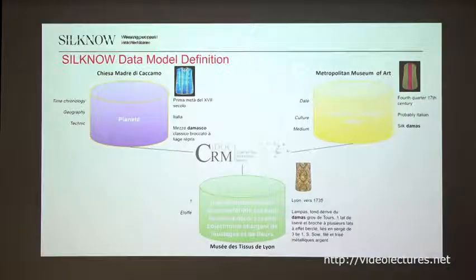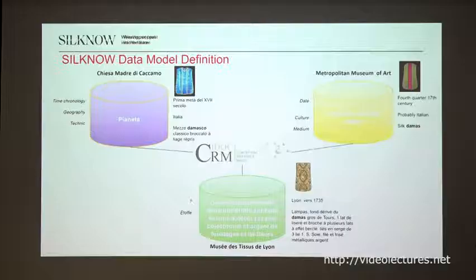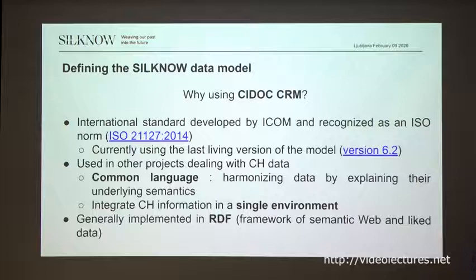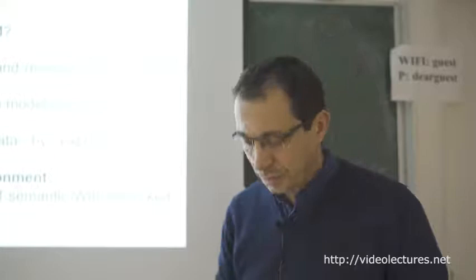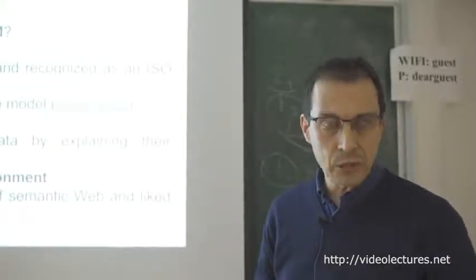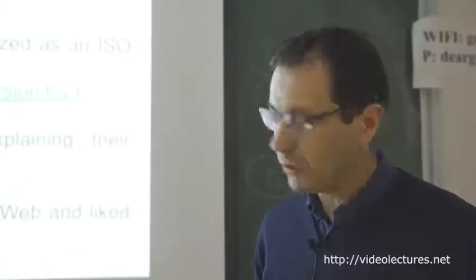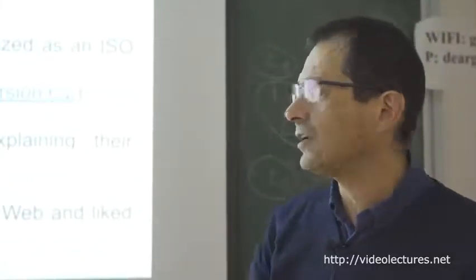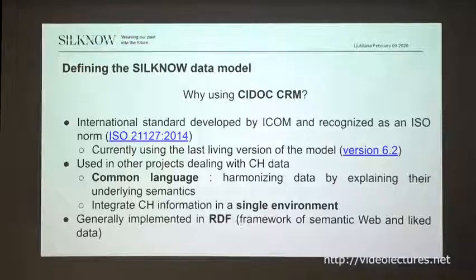So we chose CIDOC CRM, which is a conceptual reference model elaborated for aligning and gathering data from different museums. We chose CIDOC CRM because it's an international standard, an ISO norm, and we use the current latest version, 6.2.